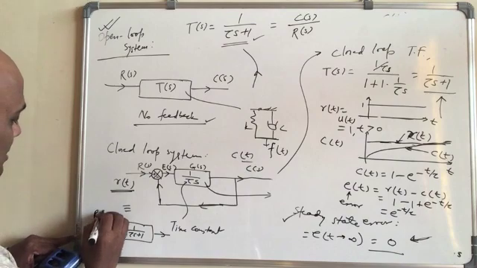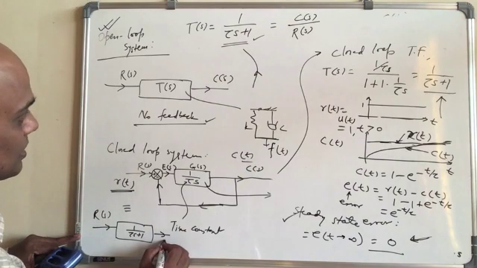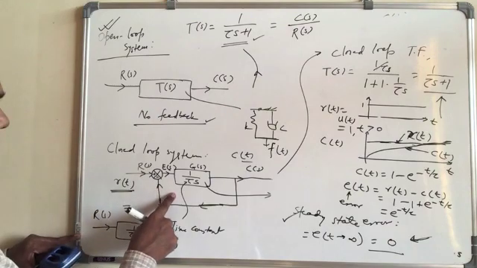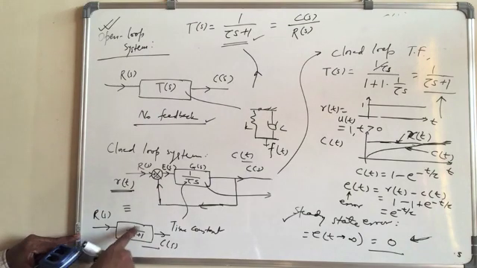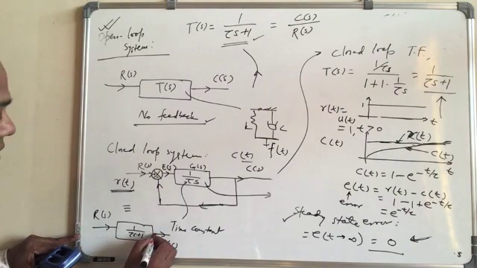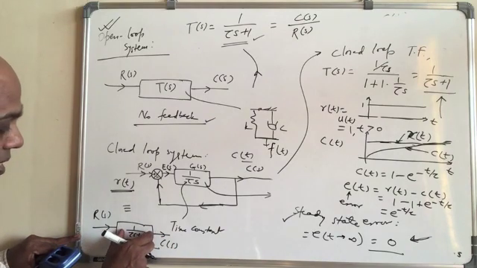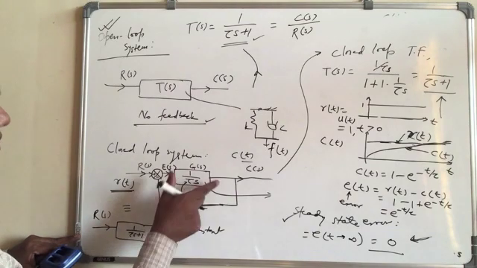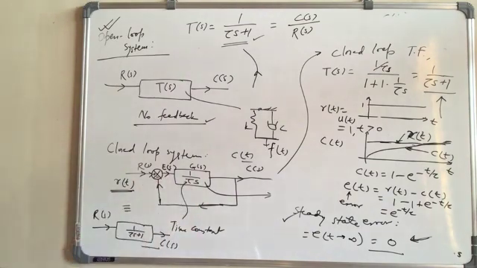This is R(s) and this is C(s). Open loop system, closed loop system. So basically the overall transfer function is the same in both cases.